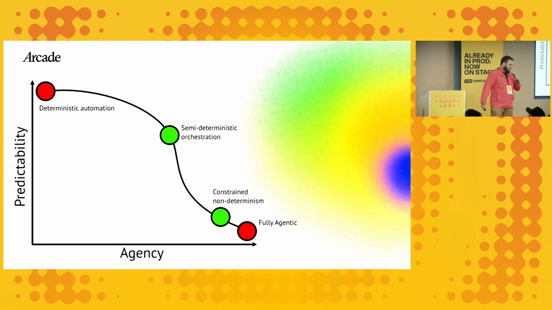The red dot at the top is a fully deterministic automation, a workflow that is if-else and control flow and all of that. The other red dot is YOLO mode, fully agentic, dangerous permissions, all of that. Neither of those are very effective at achieving something that is useful really for the user.